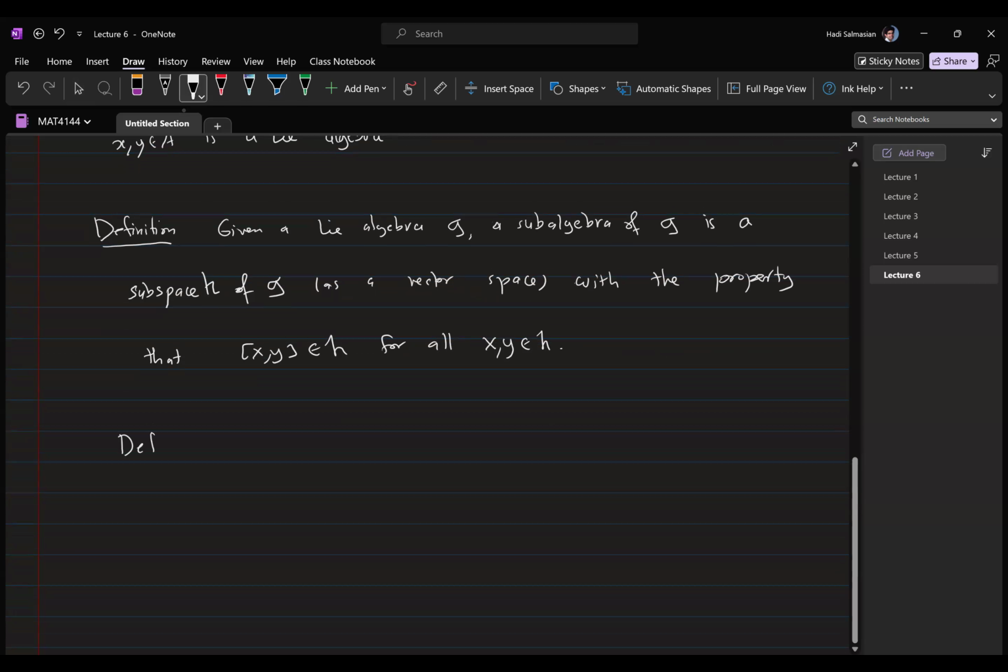And we can also talk about morphisms, homomorphisms between Lie algebras.